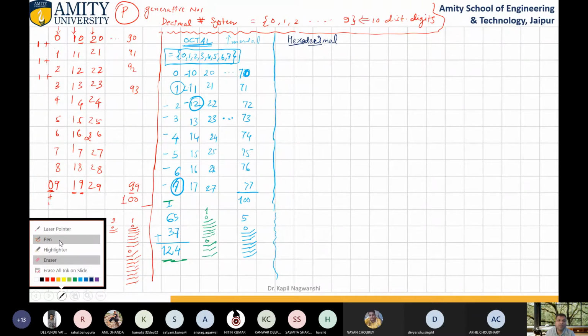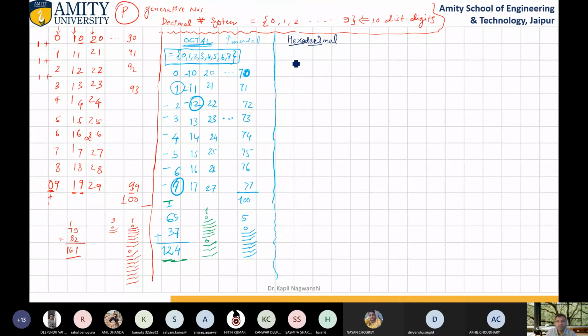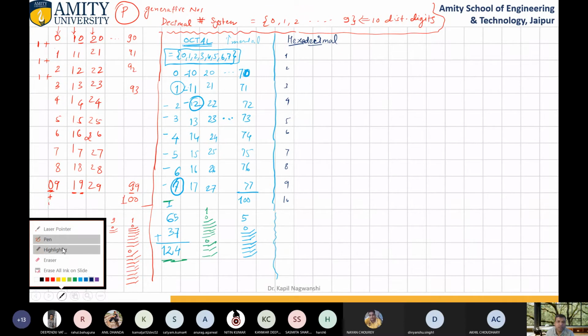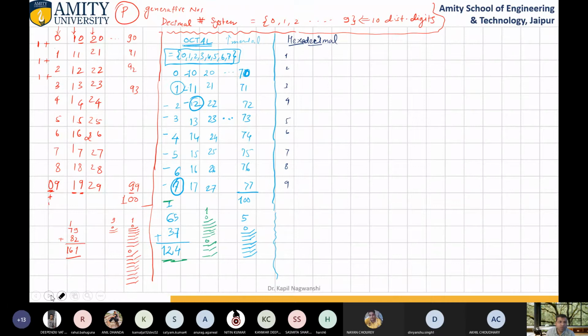So there are numbers, and let me start writing them directly. 1, 2, 3, 4, 5, 6, 7, 8, 9. There is no two-digit 10 yet, because it is still single-digit numbers. 10 will come later if we have more numbers. After 9 come A, B, C, D, E and F, and after that 10 will come.